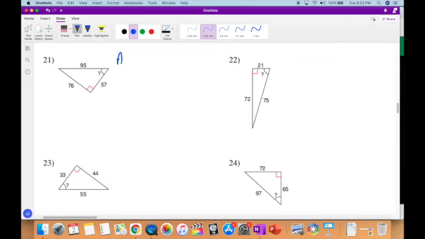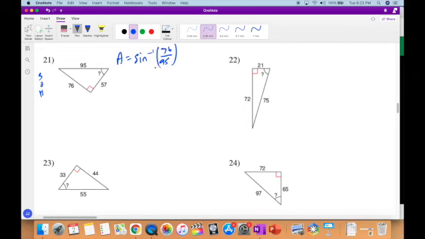So the angle A is the sine inverse of which sine? Opposite over hypotenuse, right? So the opposite, which is 76, over the hypotenuse, which is 95.